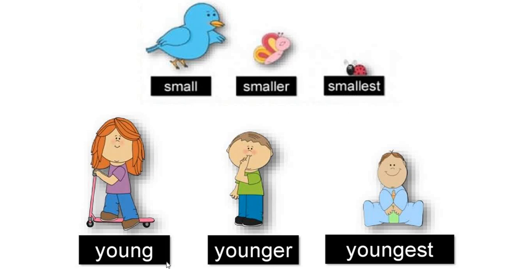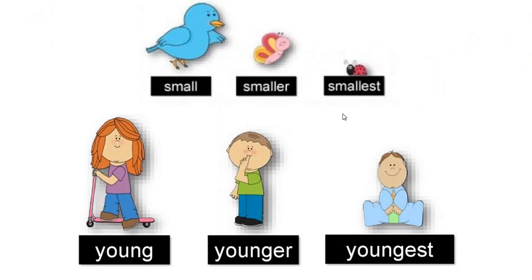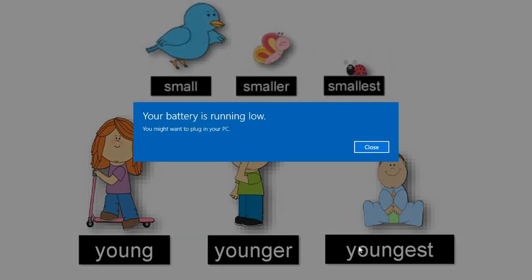And here look at this, young. He is young. He is younger than him, and he is the youngest. He is the youngest. So have you noticed, students? I have used the here, the biggest, the smallest, the youngest.